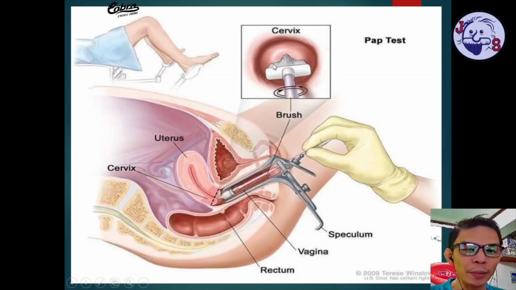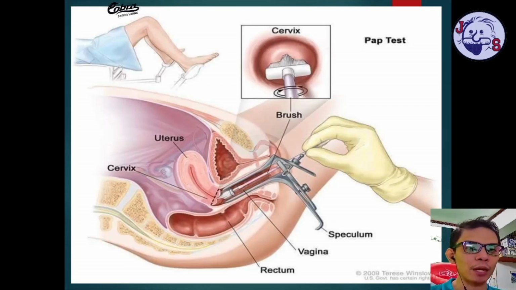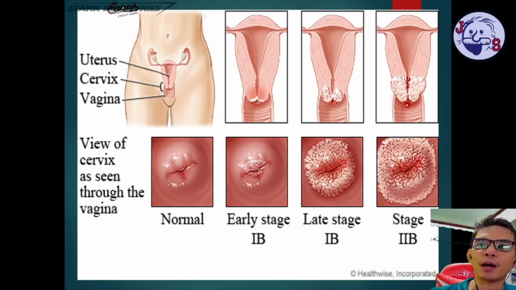Those cells will be analyzed in the laboratory, and it will tell if the patient has cervical cancer or not. The pap smear is very important in detecting the presence of a cancer in the cervix.